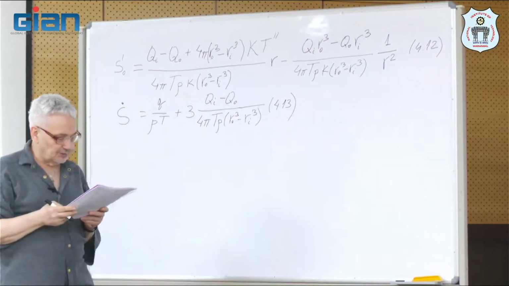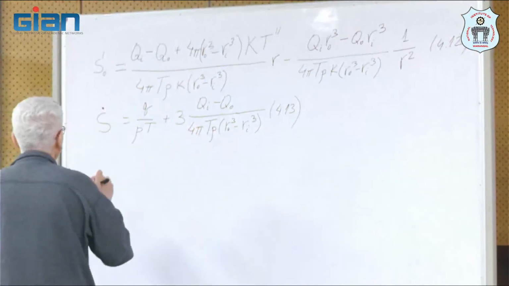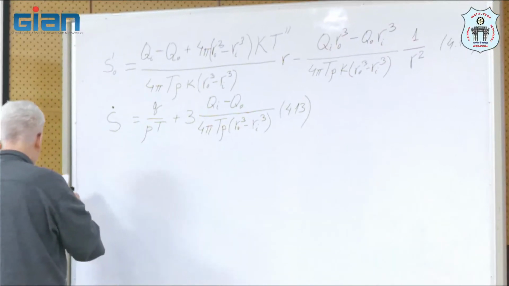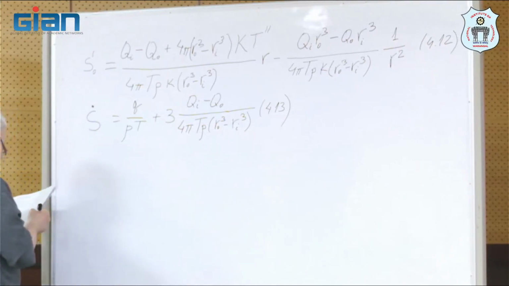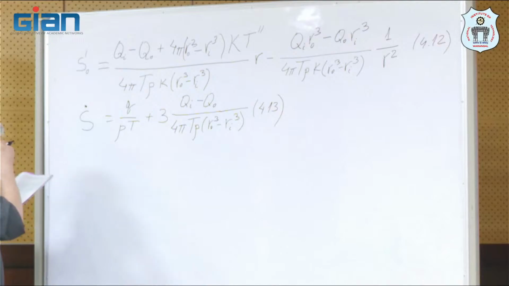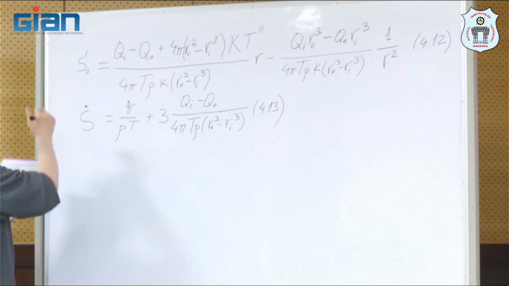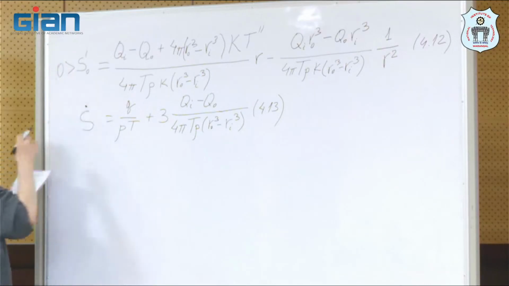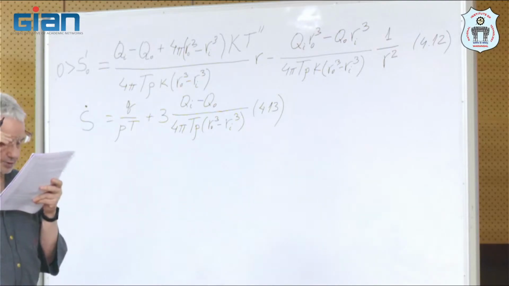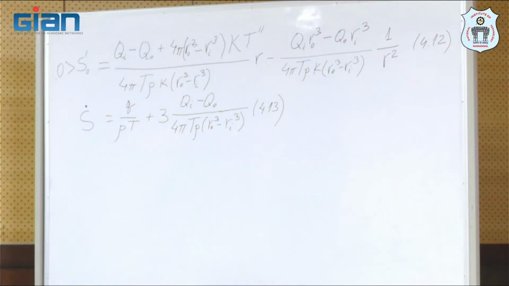So it is obvious that a spherical layer with a negative source of convective instability, S0 prime less than 0, promotes the development of the convection.